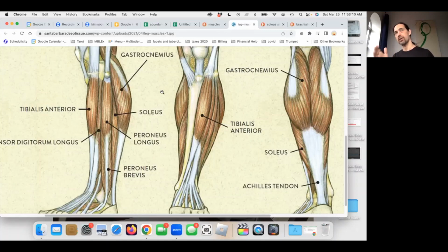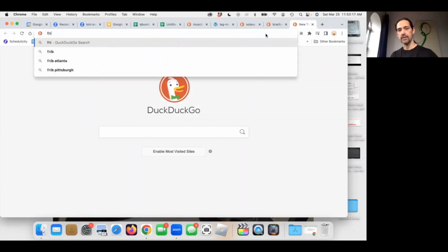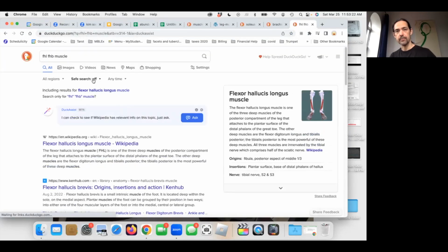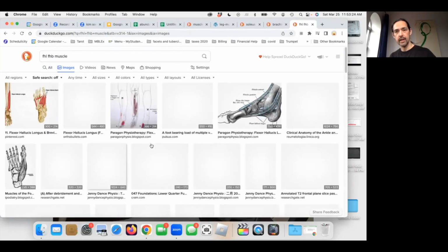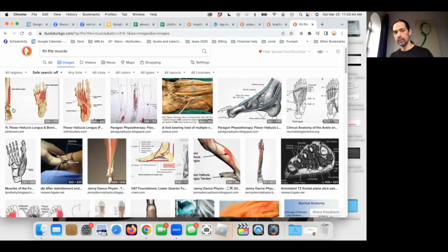So flexor hallucis brevis is the short flexor hallucis muscle, and flexor hallucis longus is the long one. As we saw in the adductors, we have adductor magnus, adductor longus, adductor brevis. The magnus is the big one, longus is the long one, and brevis is the short one.